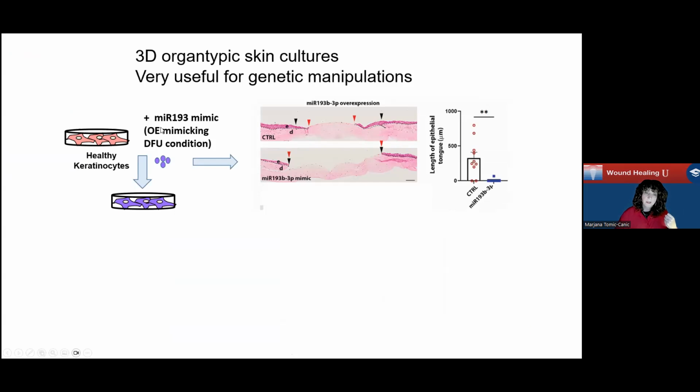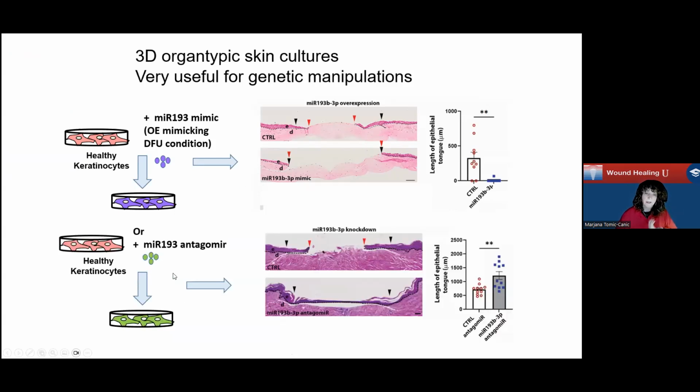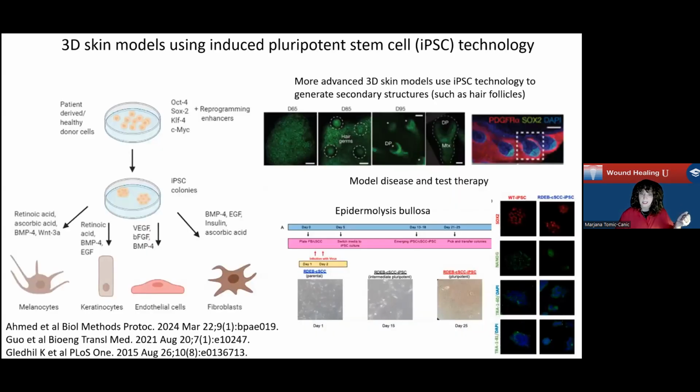We either overexpressed microRNA 193 in keratinocytes and generated organotypic culture, again, showing complete inhibition of migration and healing, and did the flip experiment where we generated keratinocytes with microRNA 193 antagomer, which is suppressing microRNA 193, showing a promotion of healing, which is, again, the inverse experiment of the top one. Again, organotypic cultures can be used for different genetic manipulation of the source cells.